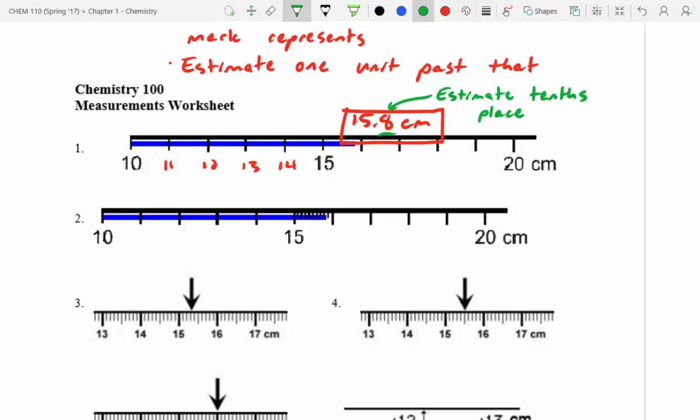Does anybody want to help with number 2? Not everybody all at once. Anybody? What do you think?